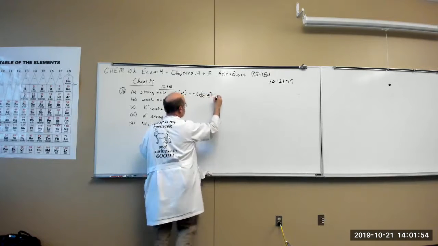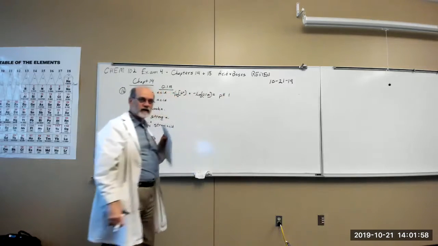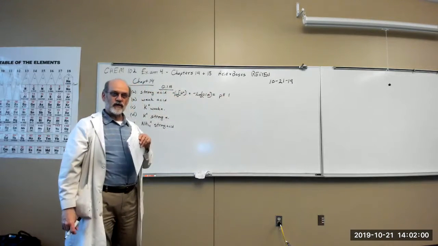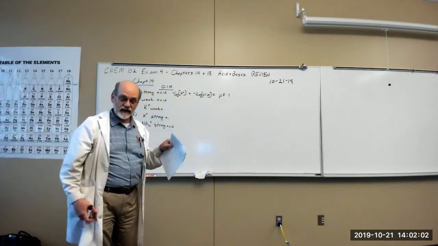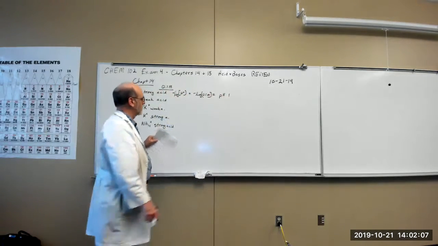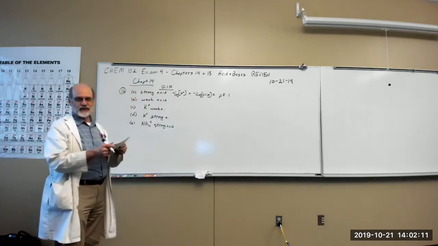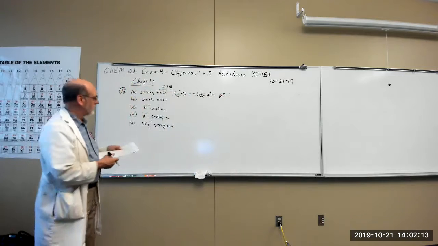So that one's going to be a pH of 1: 10 to the minus 1, negative log of 10 to the minus 1. Log of 10 to the minus 1 is negative 1, times a negative is a plus 1. So that's going to be pH 1. That's definitely out of the running. It's too low of a pH.